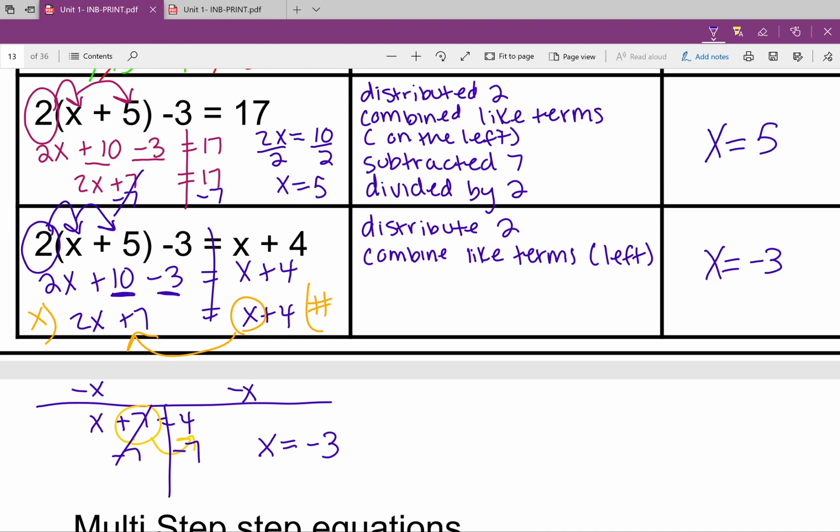Then moved x's to left and numbers to right. Okay. Then we subtracted 7. So subtract 7.